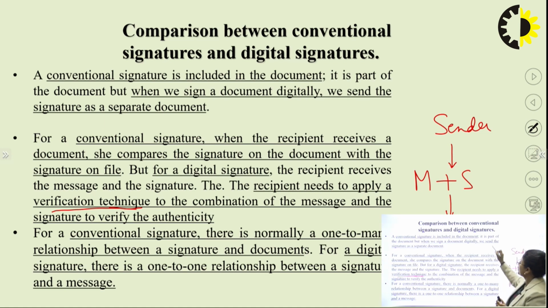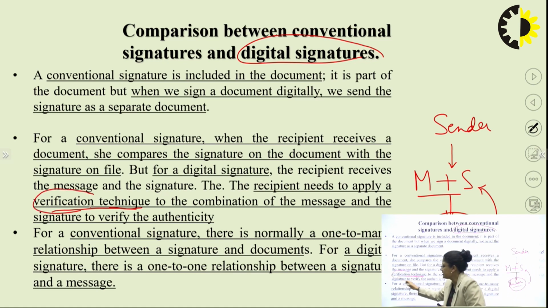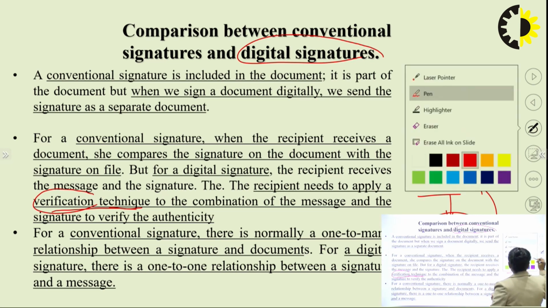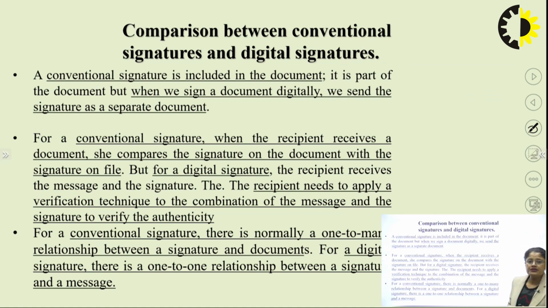So in that case, the receiver will apply a verification technique to this message and signature that is being sent. And based on the outcome of the verification technique, the receiver will decide whether to accept that message as an authentic message or not. Now, let me talk about one more difference between a conventional signature and a digital signature.